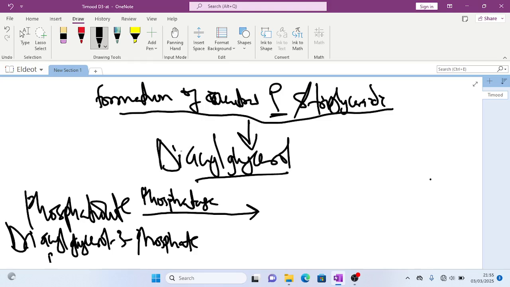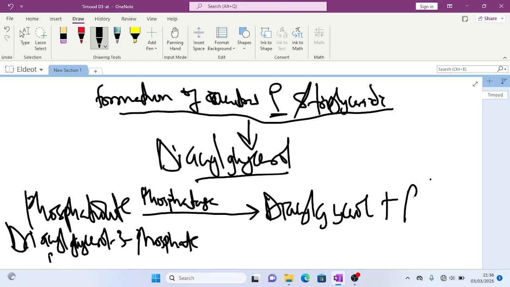So when we add water to a phosphatidate, we are going to get the primary precursor diacylglycerol with the loss of an inorganic phosphate.